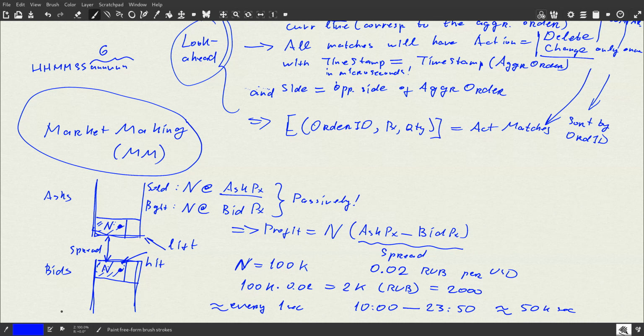So 50K times 2K gives 100 million rubles. By running this very simple strategy, you make 100 million rubles a day, if our calculations are correct, but I think they are correct.